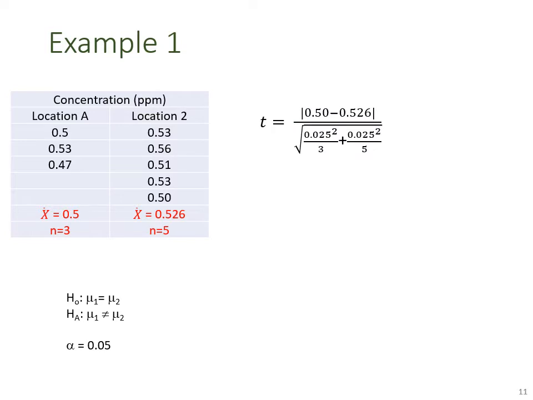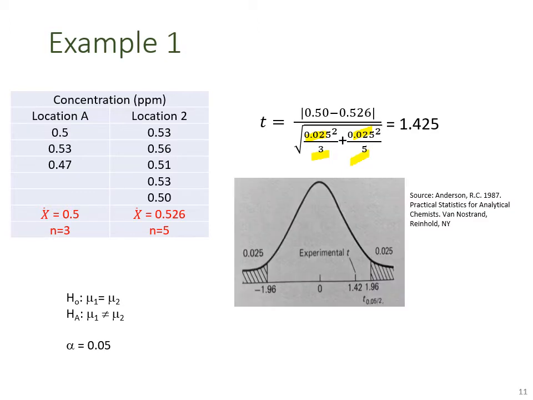We're looking at the 95% confidence interval, so alpha is equal to 0.05. We now substitute in the values that we just calculated for the means. This is our known standard deviation here, the number of observations, and we calculate t is equal to 1.425.